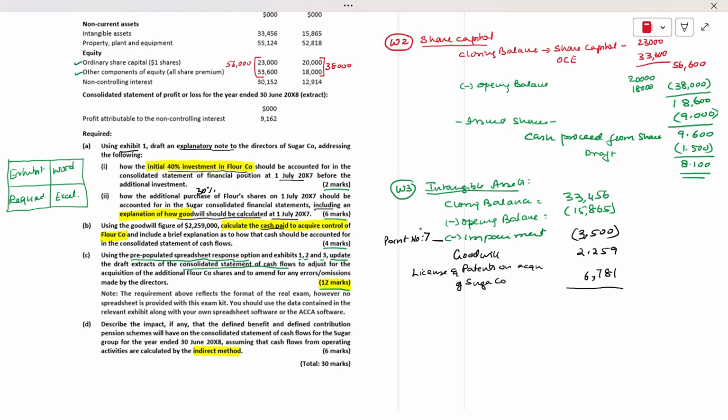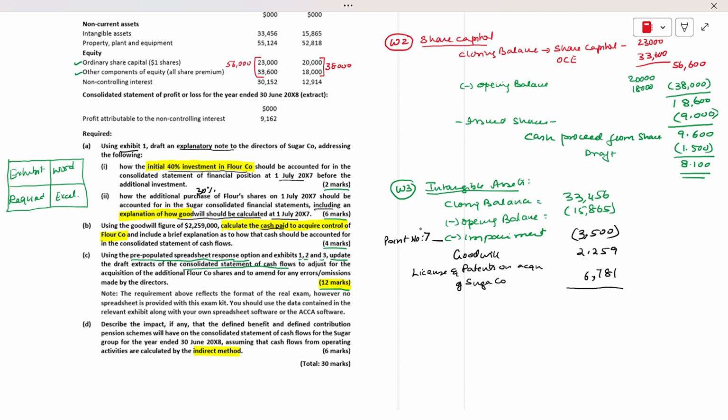So 33,456 minus 15,865 minus 3,500 2259 6781. 23,131.